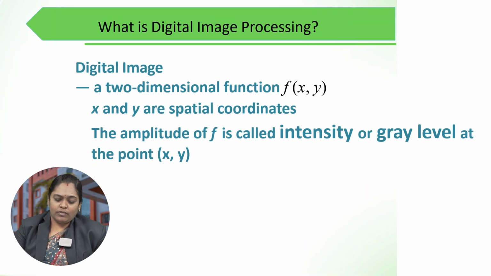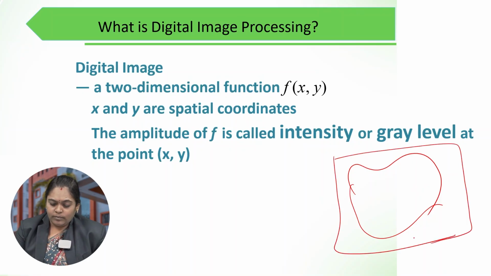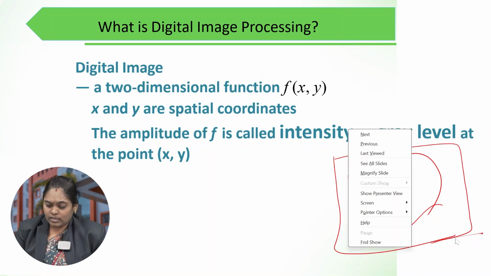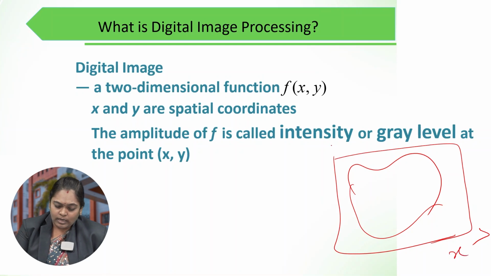So basically whenever we are capturing an image, we'll be using a mobile phone or a camera. Let me take an example: this image consists of two things, one is the x-axis and the other is the y-axis.